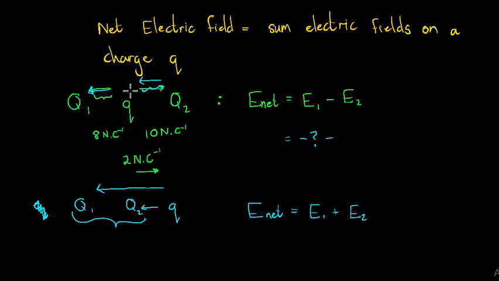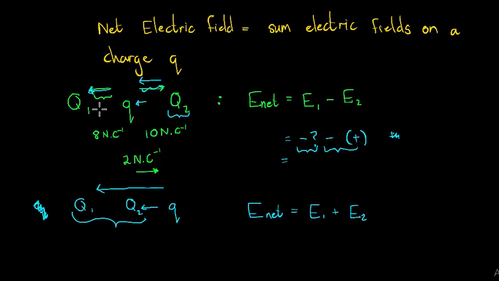Minus, if this one is repelling me, it means this charge is positive, so this will be a positive answer, but in the end I will have a negative, which means I will have a negative answer minus another negative answer, which will be a bigger negative, which means my net field is greater because I subtracted twice. And that's exactly what happens.